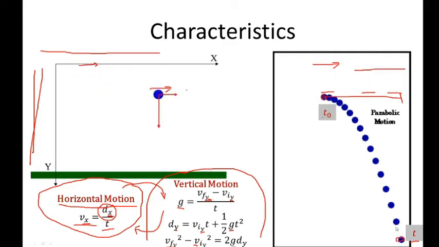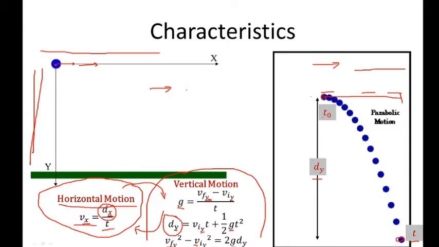And in terms of the vertical motion, as you can see, the length of the arrow, or the velocity in the y, increases as it falls to the ground. It increases its velocity as it falls to the ground because it is accelerating. So in terms of distance, dy here refers to this position, or this location of the diagram.